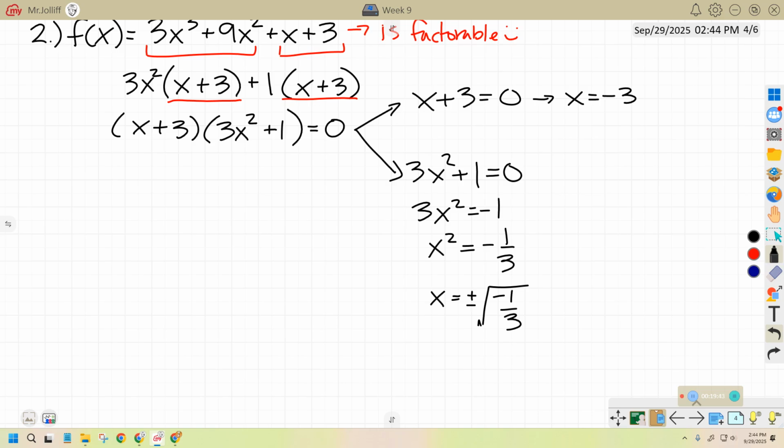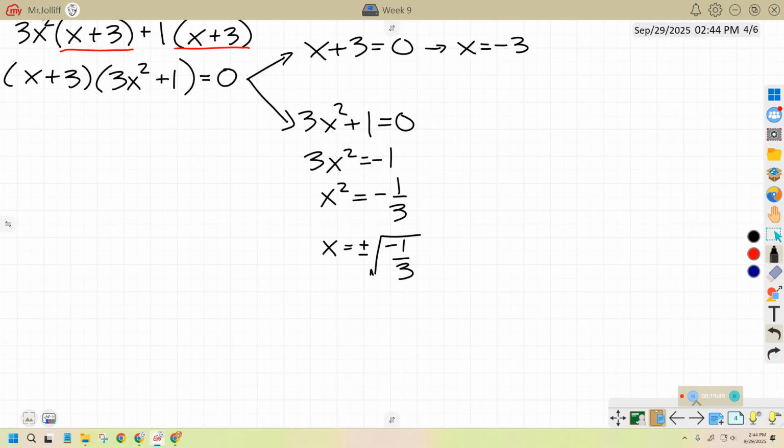If you wanted to be a proper mathematician, we could massage this a little bit until it looked a little prettier. First, when we see a negative under the square root, the square root of -1 is called what? What nickname do we have for that? i, yeah, i.